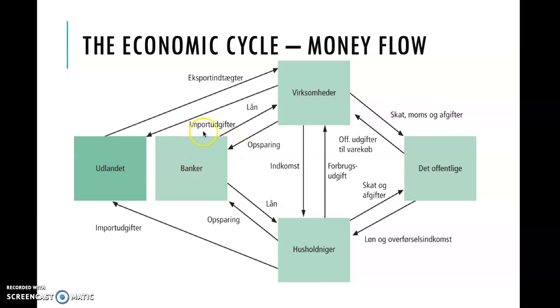Then we have the bank. The bank provides a loan to the company, and then they get part of the interest back. Then the bank provides a loan to the household, and they get part of the savings back.